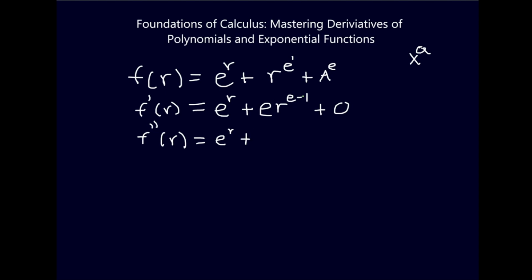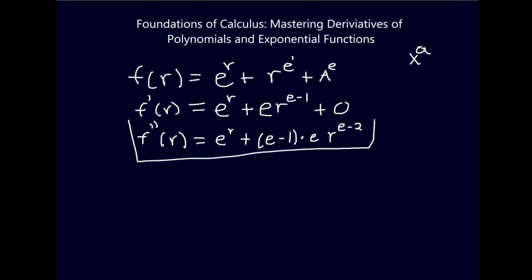And then we have the same thing, so we take that e minus 1 down, e minus 1, multiplied by the e, and then this is the power rule again, so we just minus this by 1. And then you could keep going if you wanted. You could go to the 3rd, 4th, 5th, 6th derivative if you wanted. But right now, this is the answer to what is the second derivative.